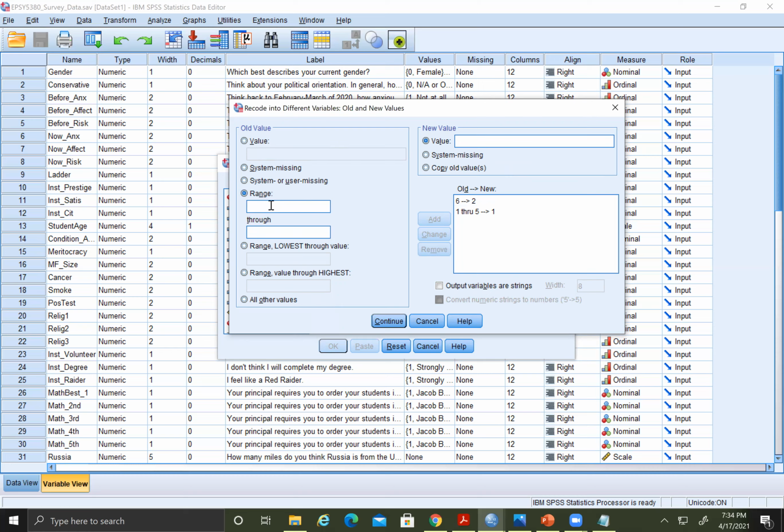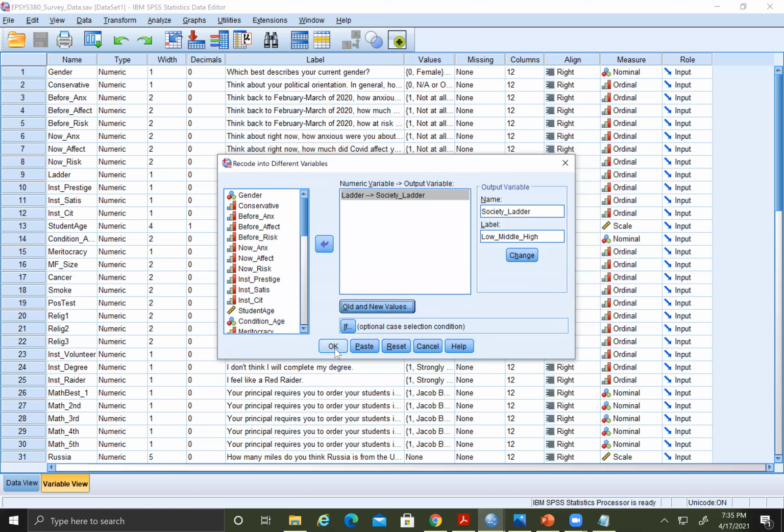And I will label 7 through 9, since we didn't have 10, as 3, which is high. So by recoding this, 1 through 5 is 1, 6 is 2, 7 through 9 is 3. Basically, 1 represents low, or below the middle ladder rung, 2 is the middle, and 7 to 9 is the high. Okay, I am just going to click OK.